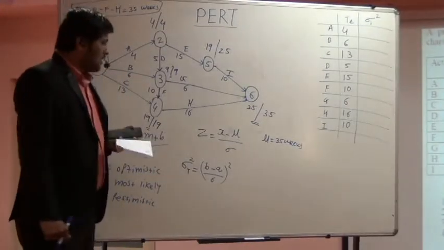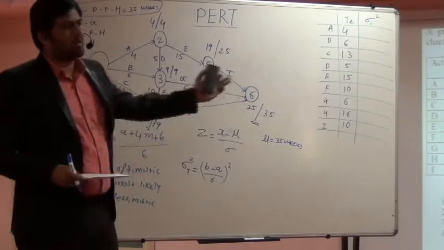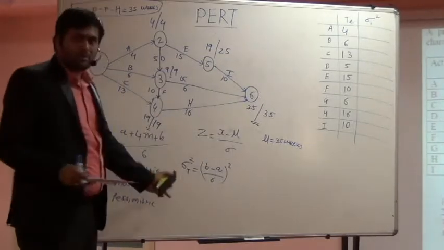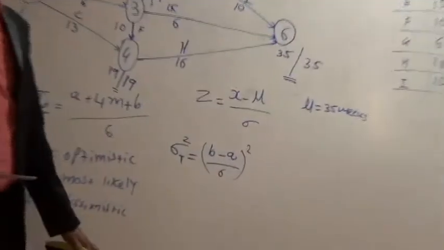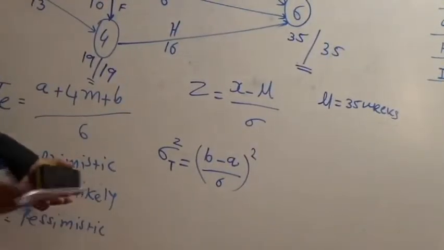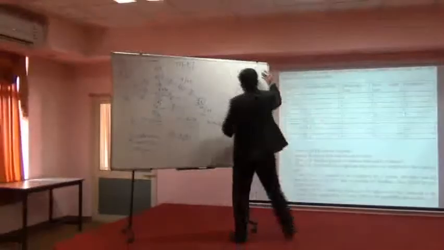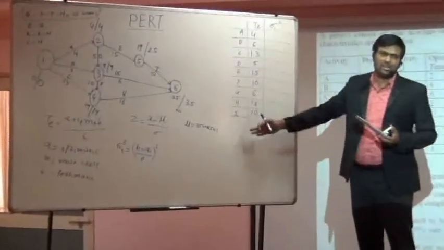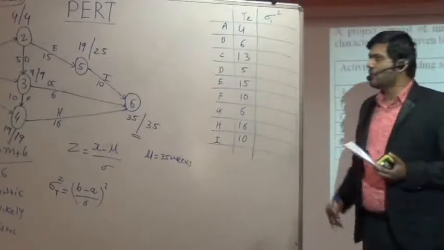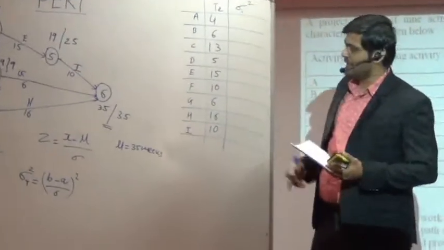Right? Now, if you move ahead, they asked about finding the variance. The formula for the variance is (B minus A upon 6) whole square. Remember, you can find out the variance of all the activities like we have found the estimated time for all activities.